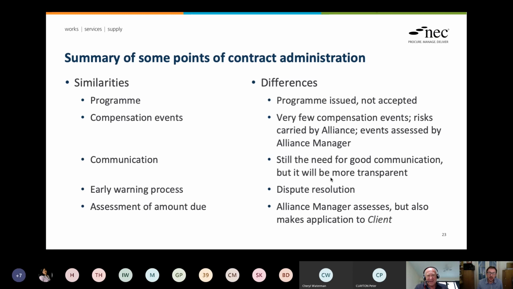So it's really the alliance manager doing all this together. He's producing the program, integrating compensation events into it, working out their consequences and producing the quotation. And importantly, like the program, there's no acceptance of the quotation, is there? As you've said before, the alliance board either accepts or doesn't, and if they do have an issue, then they address that.